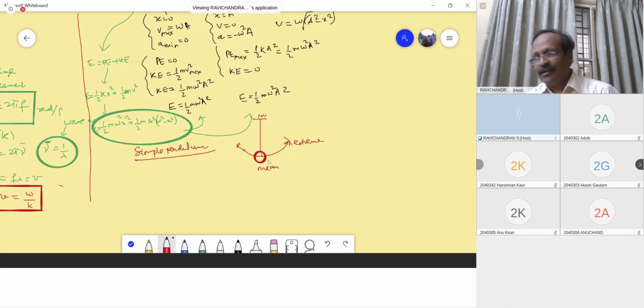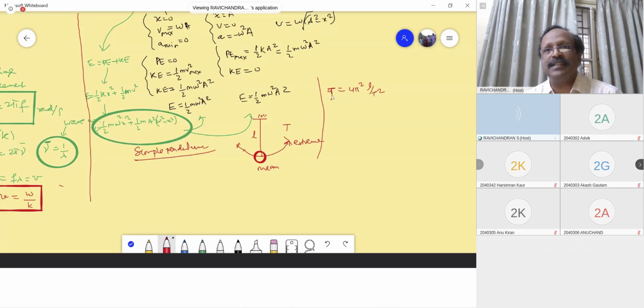Now, this is the length L and the time period is T. All of you know the formula: G is equal to 4 pi square L by T square, where G is the acceleration due to gravity.